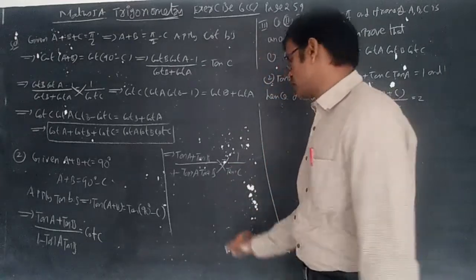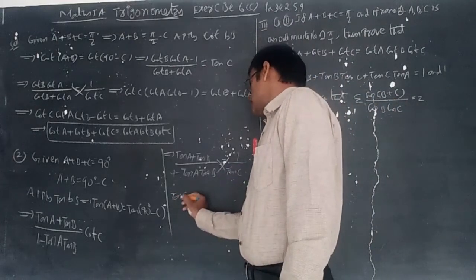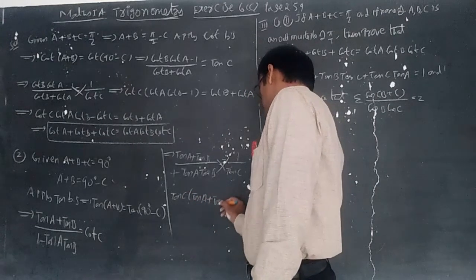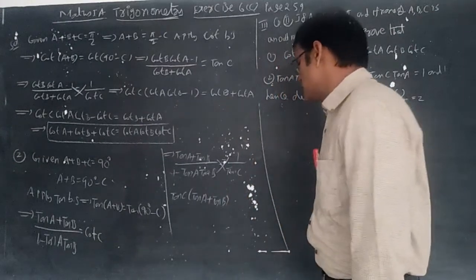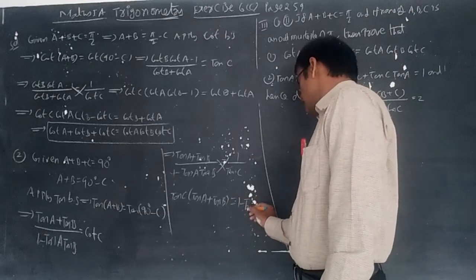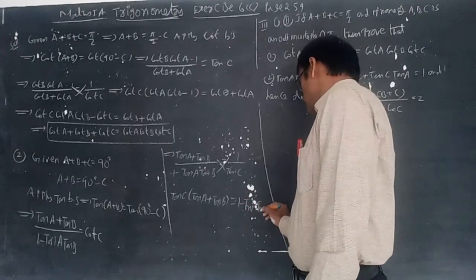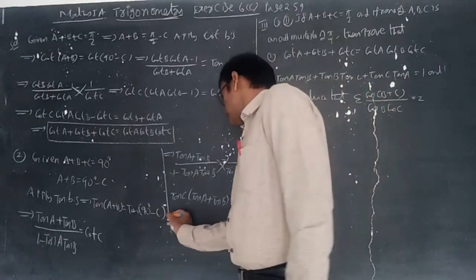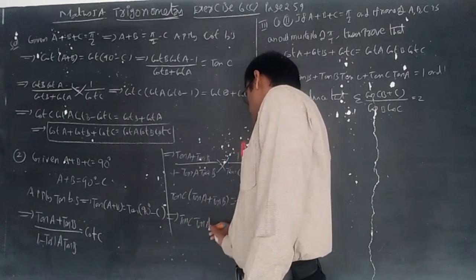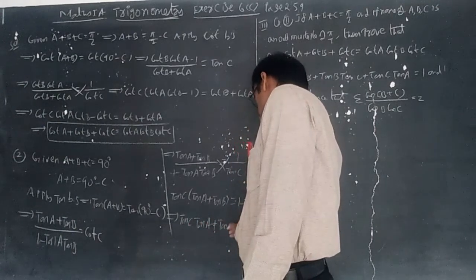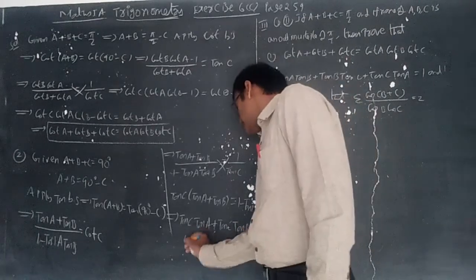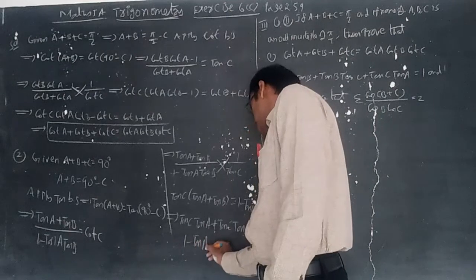Taking cross multiplication, tan c into tan a plus tan b is equal to 1 minus tan a into tan b. That implies multiply with tan c. So it is tan c tan a plus tan c tan b is equal to 1 minus tan a tan b.